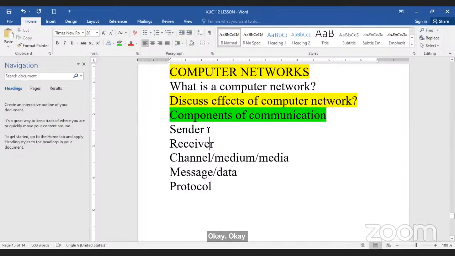So a sender is the computer that is sending the message. A receiver is the computer that is receiving the message. Then these computers are communicating through a channel, a medium, or media if there are many.